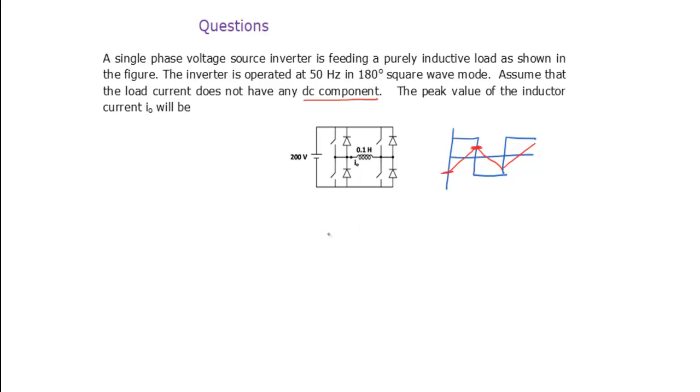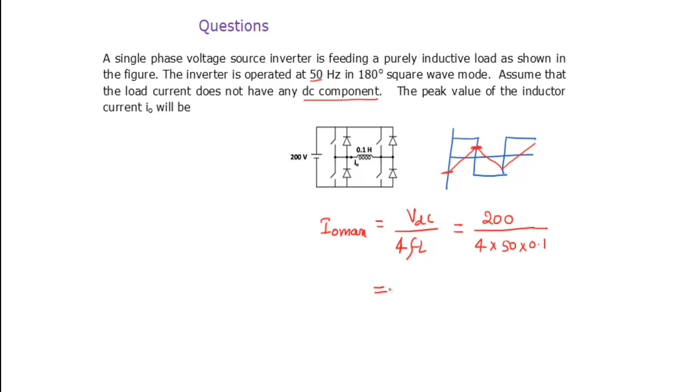We already discussed the equation for this. Maximum load current for a pure inductor is VDC by 4FL. Now you can substitute here. VDC is 200 volts, F is 50 Hz, which is already given, and L is 0.1.